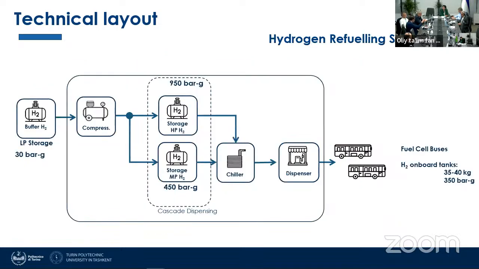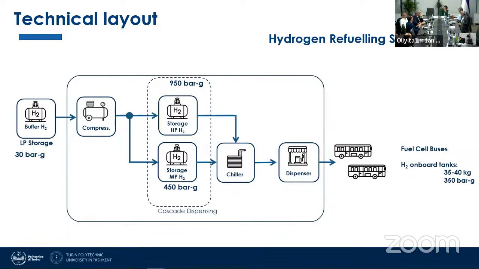If we make a zoom here, just to give the engineers present in the room some more satisfaction, let's say. The refueling station is based on cascading dispensing. That is one very common technology for this kind of application.